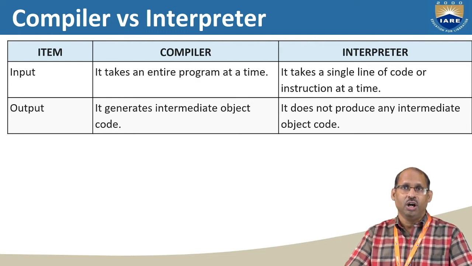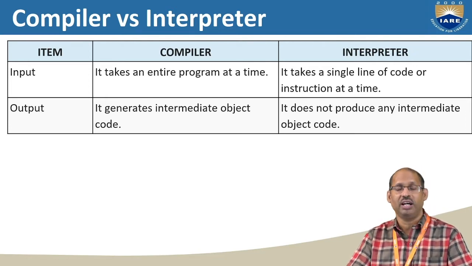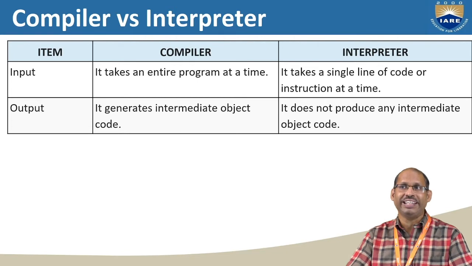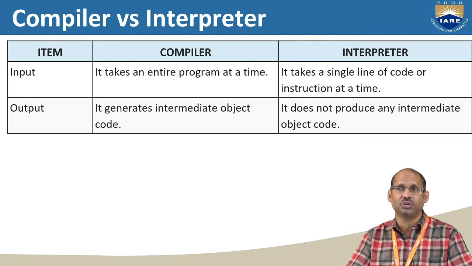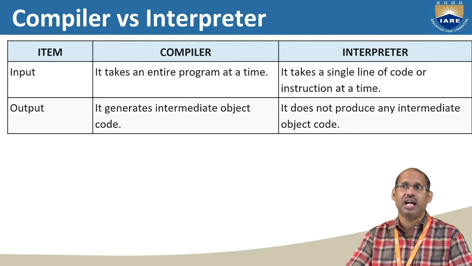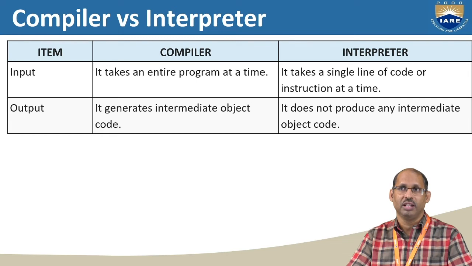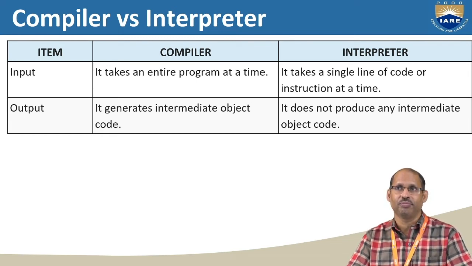Then the output. The compiler generates the intermediate object code or machine code. But the interpreter does not produce any intermediate object code. The high-level source program will stay as the high-level source program only. It doesn't change from one form to another.